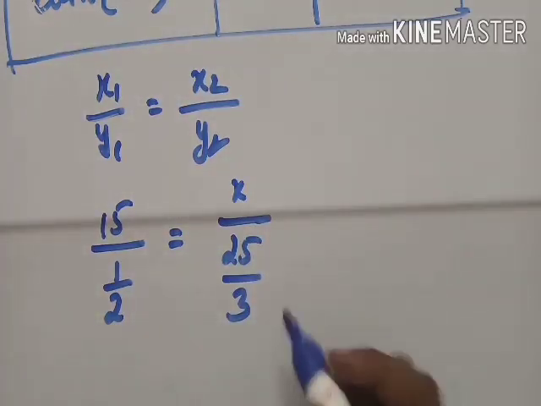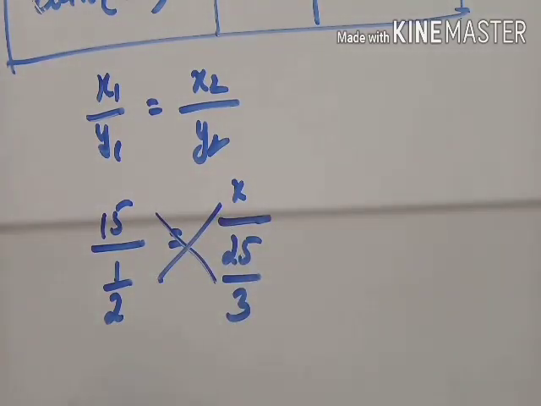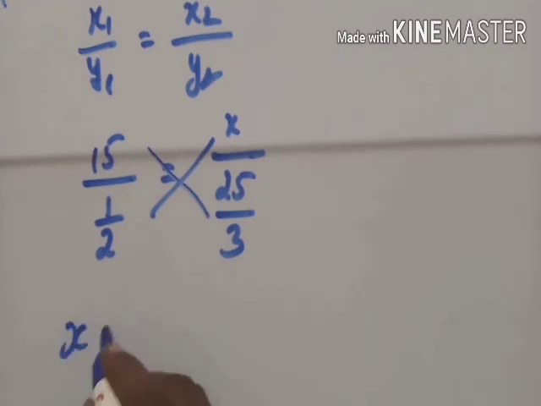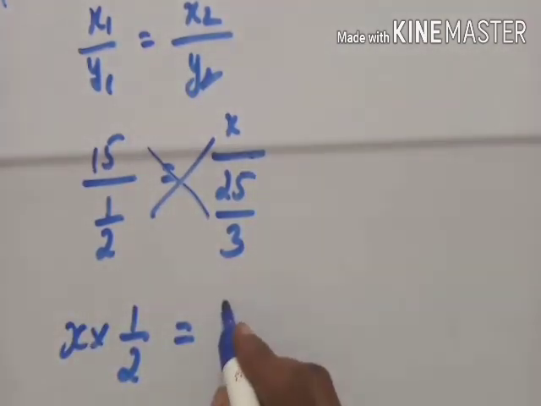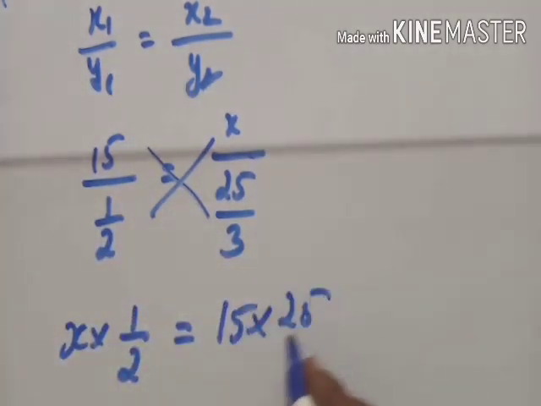Now, as usual with the cross multiplication, x into half is equal to 15 into 25 by 3.